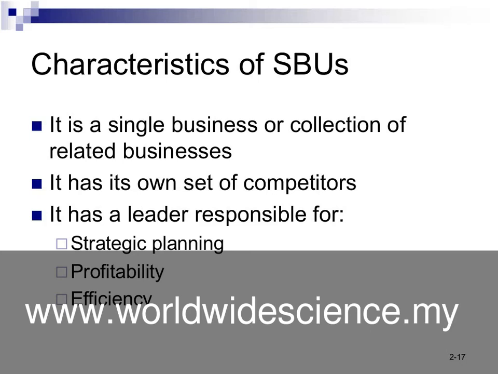Then again, each of your SBUs has a competitor, and it has a leader, and leaders are involved in strategic planning, profitability, and efficiency. So it's just a matter of how you plan strategically, and then you make sure that it gives you profit and revenue, and also that it's efficient.